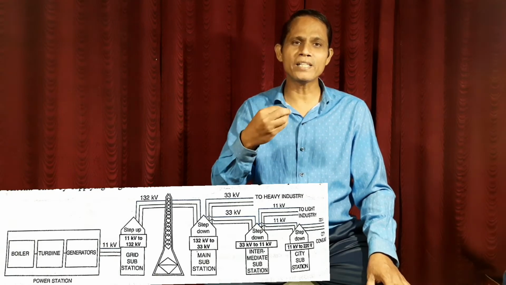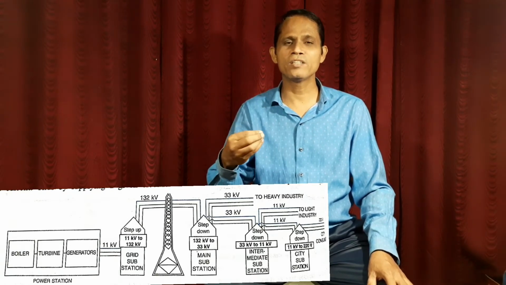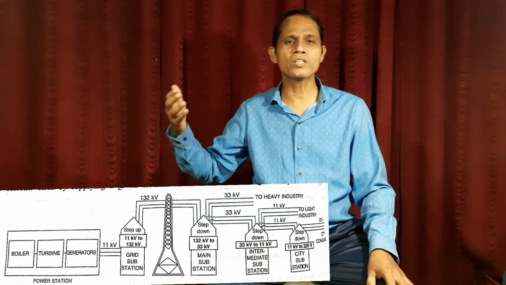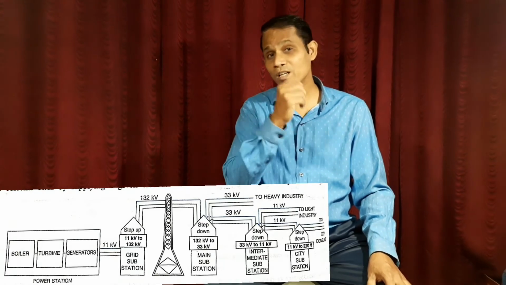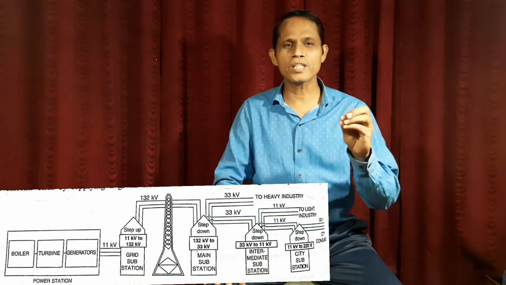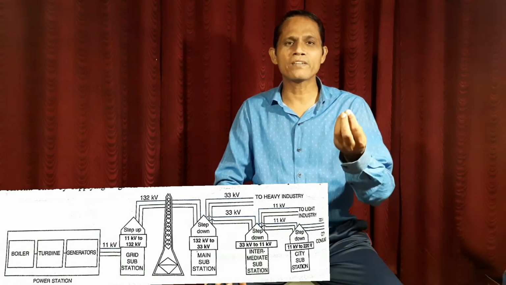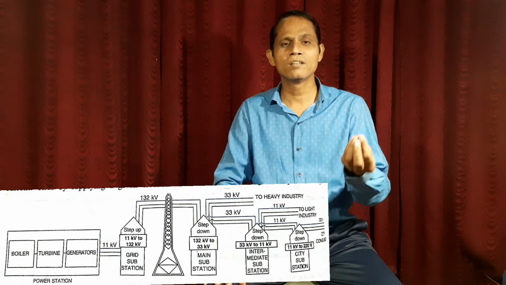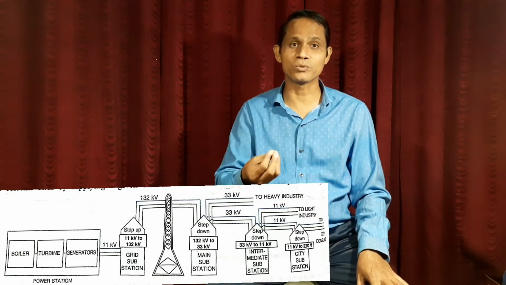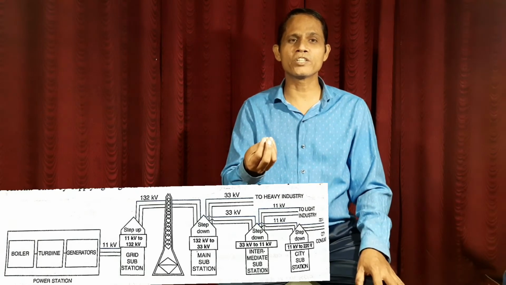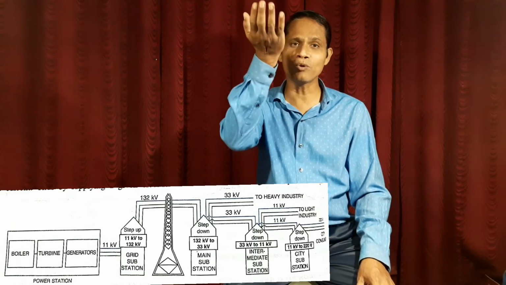So to minimize the loss of heat in the transmission lines, some efforts are made. What are those efforts? First, the power company tries to minimize the value of current. How is the value of current reduced? By increasing the voltage.